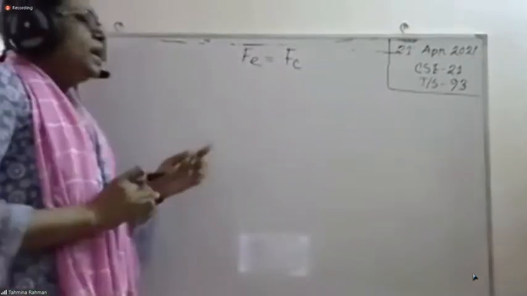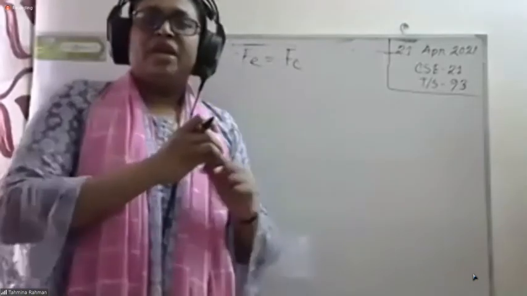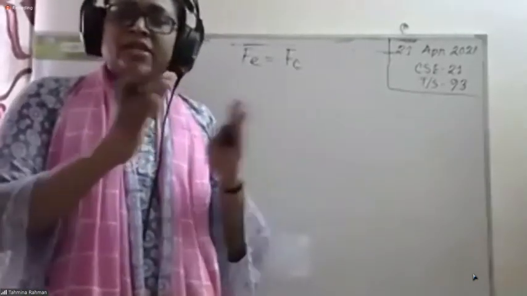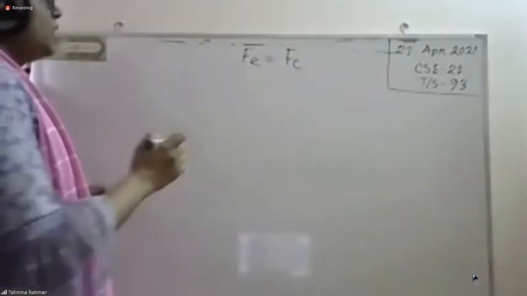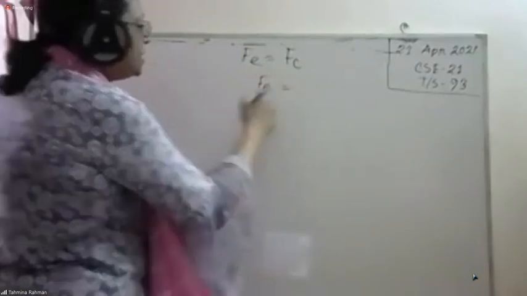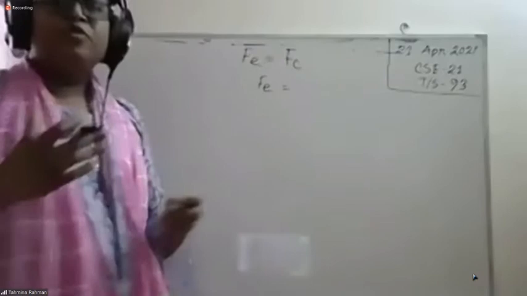Now we'll find one expression for Fe and another expression for Fc. Then we'll equate these two. What can we write for Fe, the electrostatic force? Coulomb force.